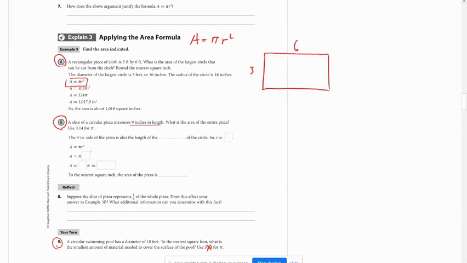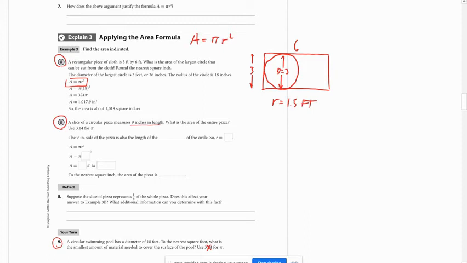And we want to know what is the largest circle that can be cut from the cloth. If you imagine a circle that goes from edge to edge, since this distance is 3, the diameter is 3, that's the distance across. And so that means our radius would be 1.5 feet.